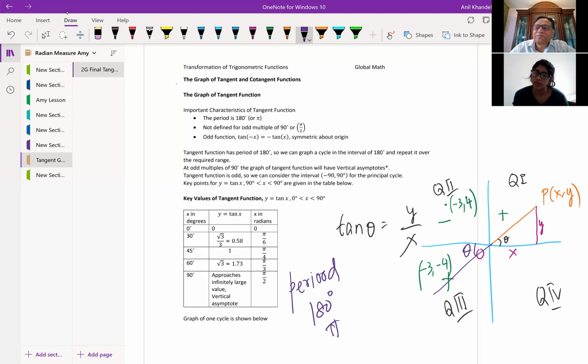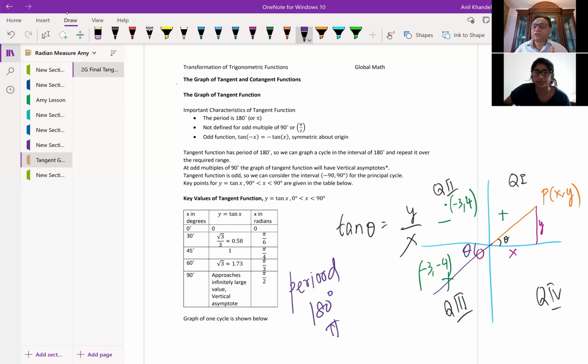Sine and cos repeated after the full circle. It is positive in quadrant 3, and now you understand that the time period for tangent is pi, and it repeats after 180 degrees. Either way, radians and degrees, it is very important to understand.